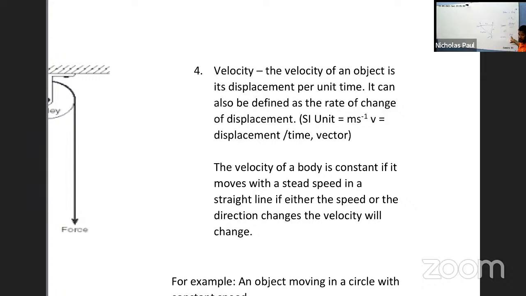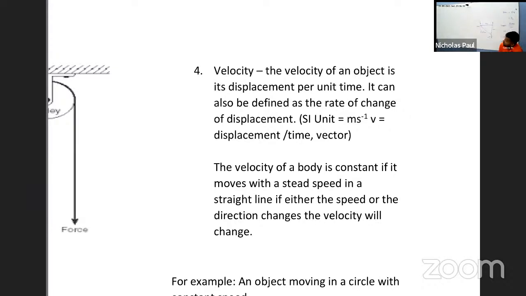Velocity has to do with displacement. One is a scalar, one is a vector. So speed has no direction. Velocity has direction. Remember the usual thing: if you go one direction and you change the direction, it becomes negative. One positive, one will be negative. All right?